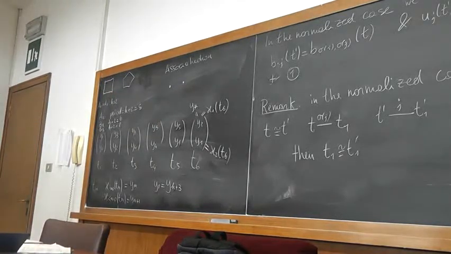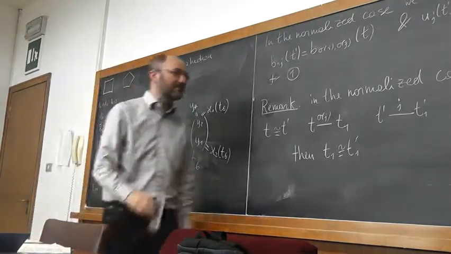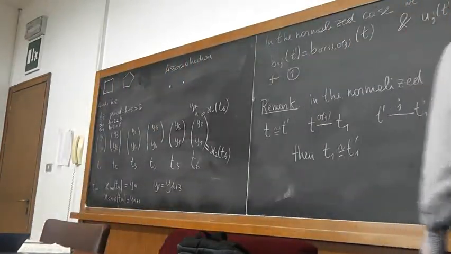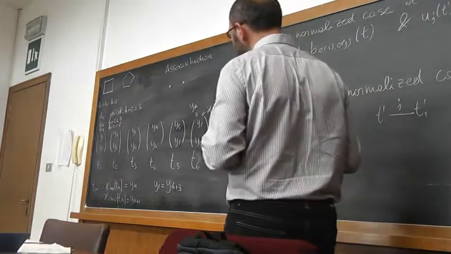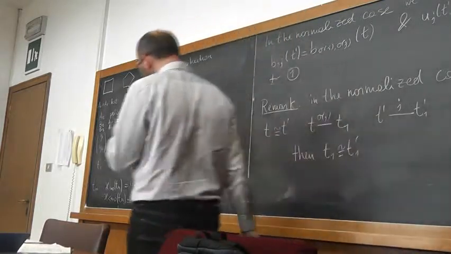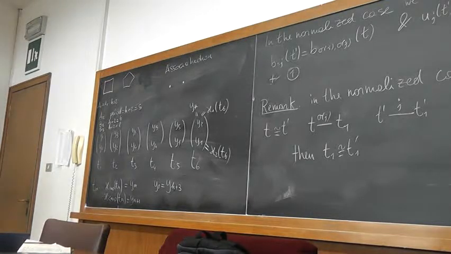So, no, I don't know, might be. But for the other cases, it's true, yes. But they don't say anything of this kind. They just give a name to this sigma, they call it the monodromy of the exchange graph.